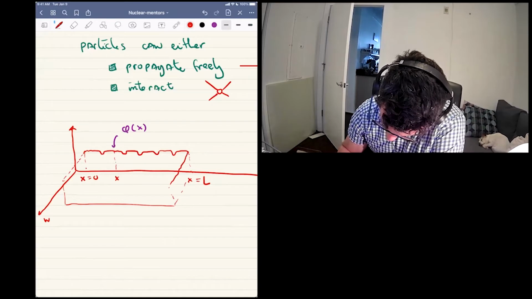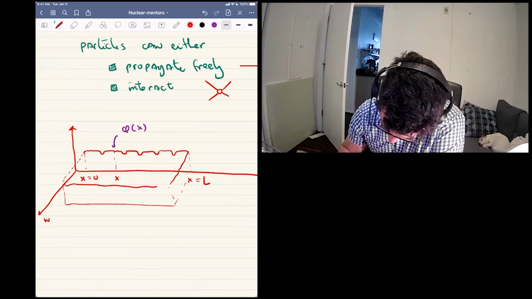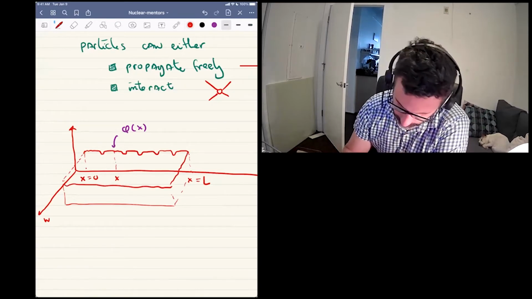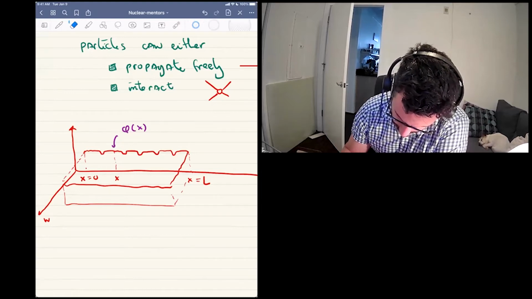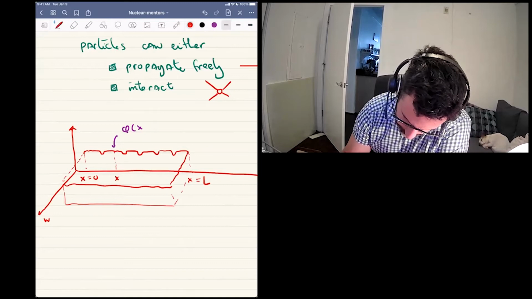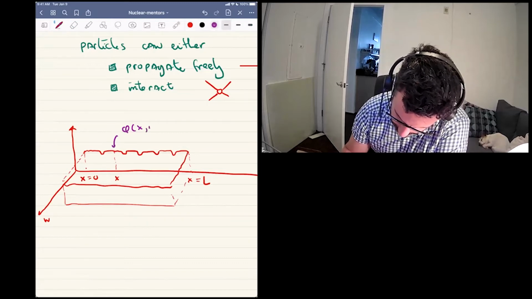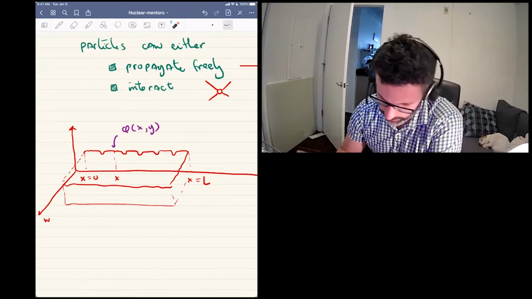And so the field could depend not just on x, but also on y. But the point is that it's a scalar field because you can give it as many variables as you want.